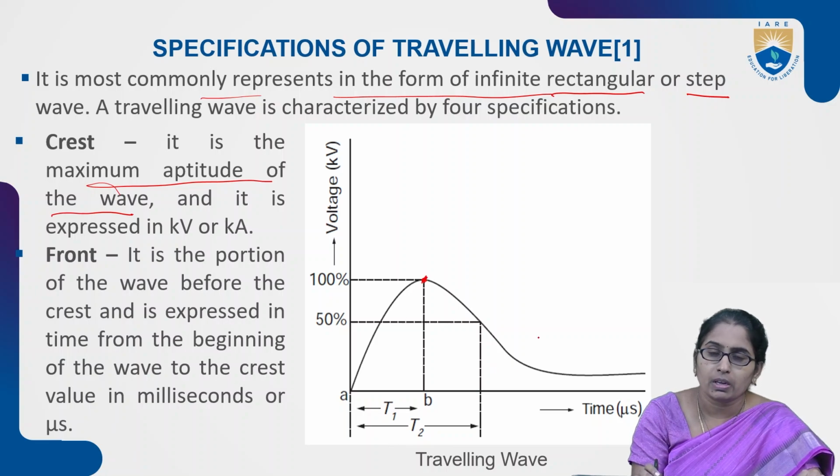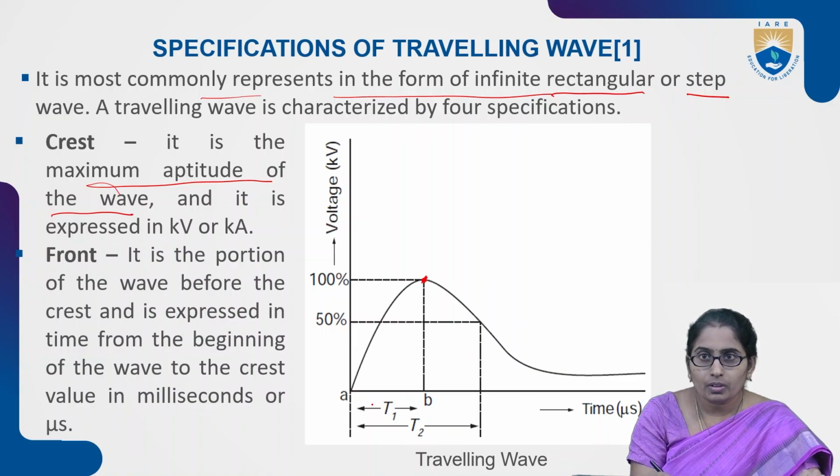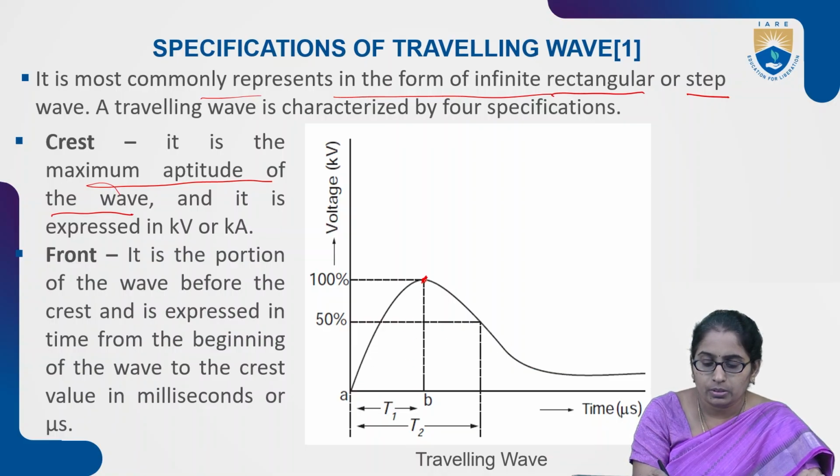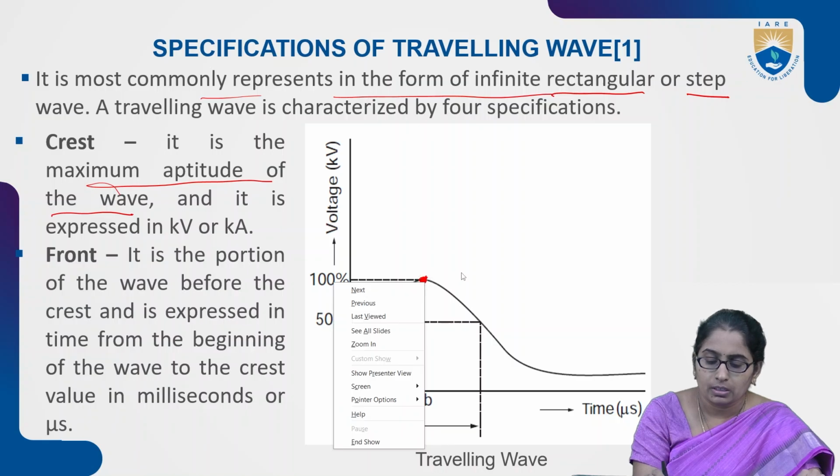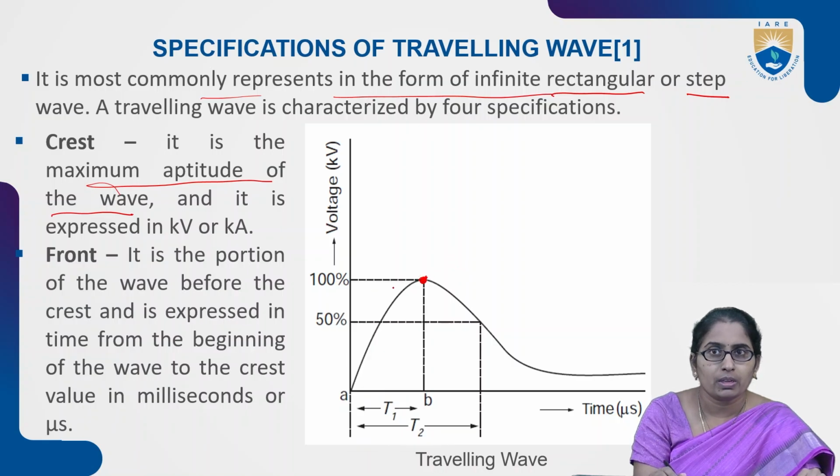For this wave, which is a step wave, what is the maximum amplitude? This is the maximum amplitude, so this is called the crest of the traveling wave shown here. It is expressed in kilovolts or kiloamperes depending on the wave. If it is a voltage wave, kilovolts; if it is a current wave, kiloamperes.